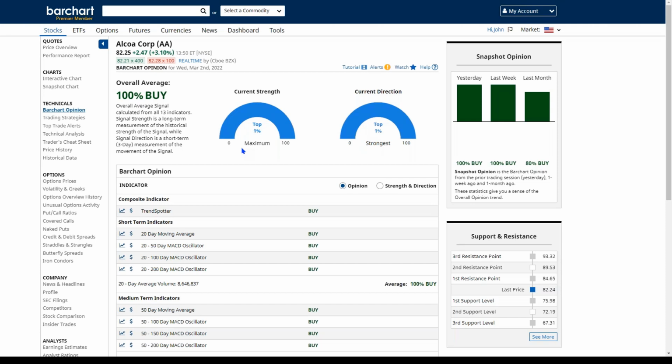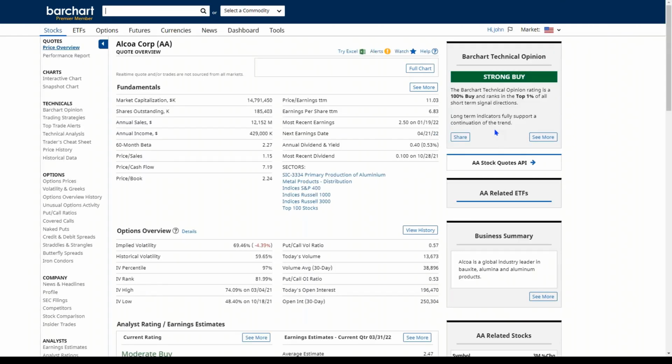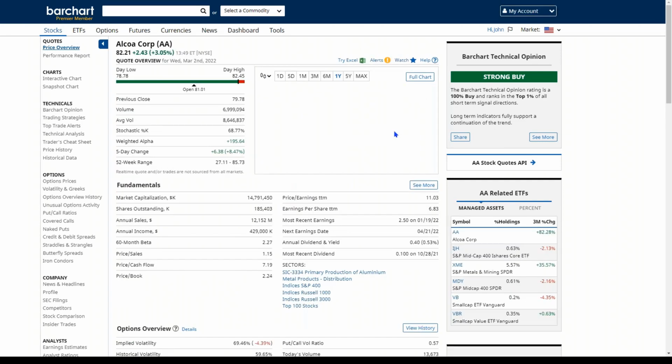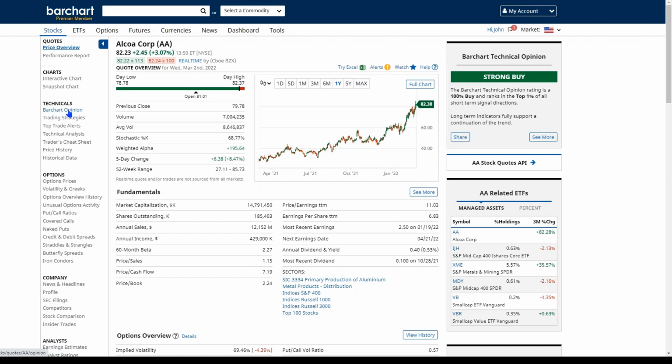Top 1%, super large momentum. Probably, maybe potentially overbought.